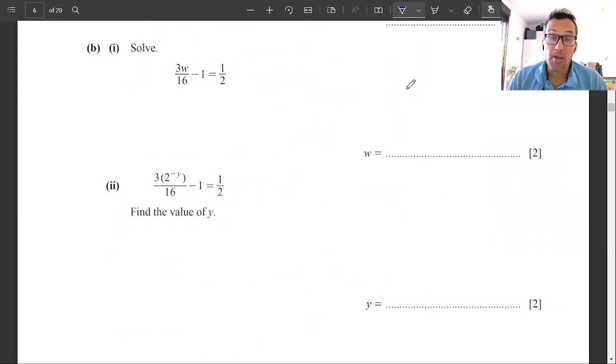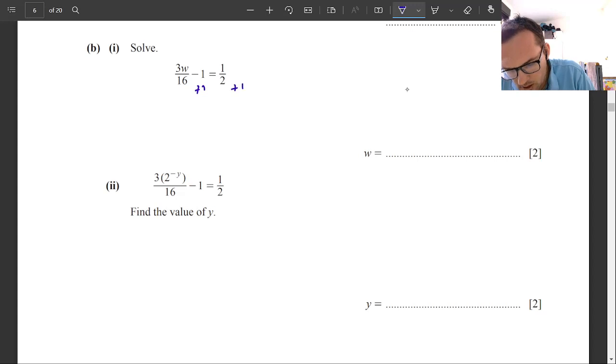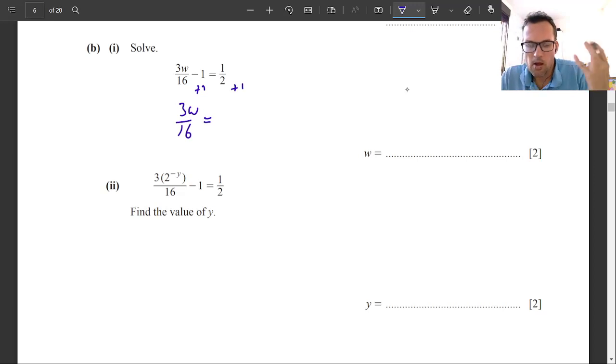Question 3b, part 1. Solving. Straightforward, this one. First thing we do, we add the 1 on both sides. That will give us 3w over 16 equals half plus 1, which is 1.5. Next thing, we multiply by 16.